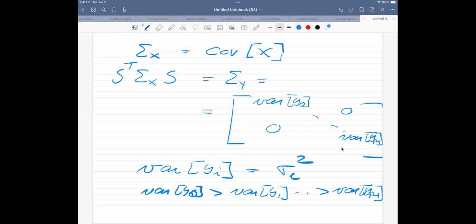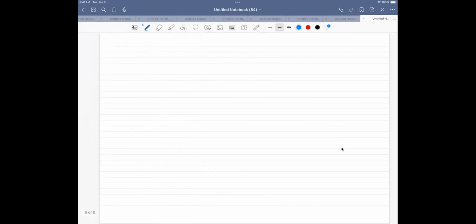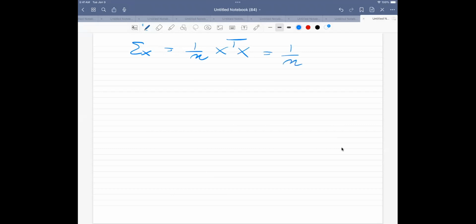So if you look at that matrix sigma x, sigma x here is nothing but 1 divided by n multiplied with this matrix X transpose X. And then we use the singular value decomposition. And then we could show that this matrix is nothing but 1 divided by n times V multiplied with this matrix D squared times V transpose.